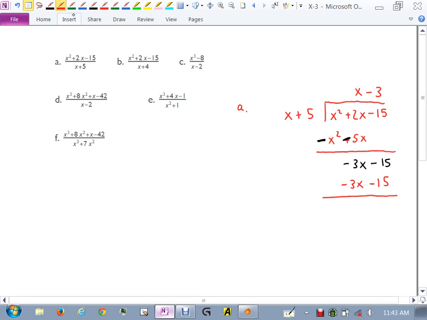There's not a remainder on the first one though, right? We can have a remainder, yes. I haven't done that. I'll do an example. I want to see when everyone's done with A.